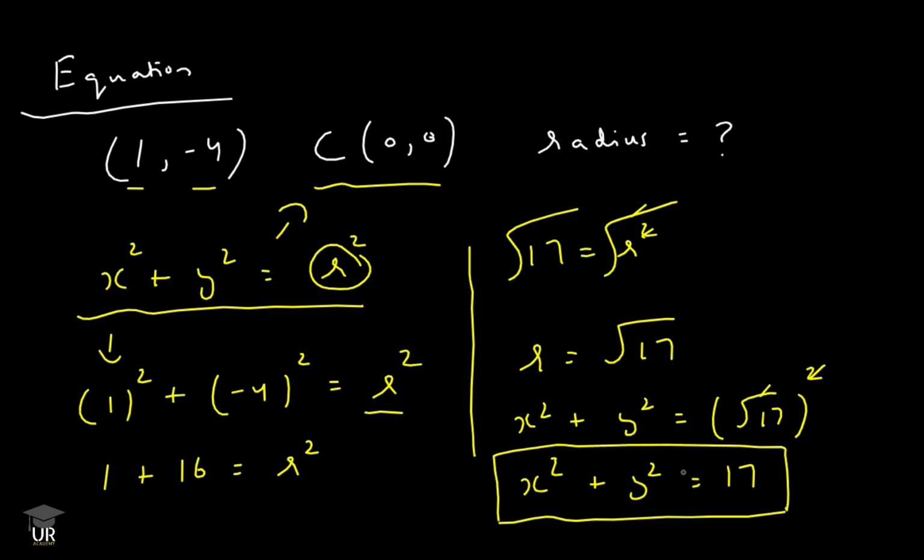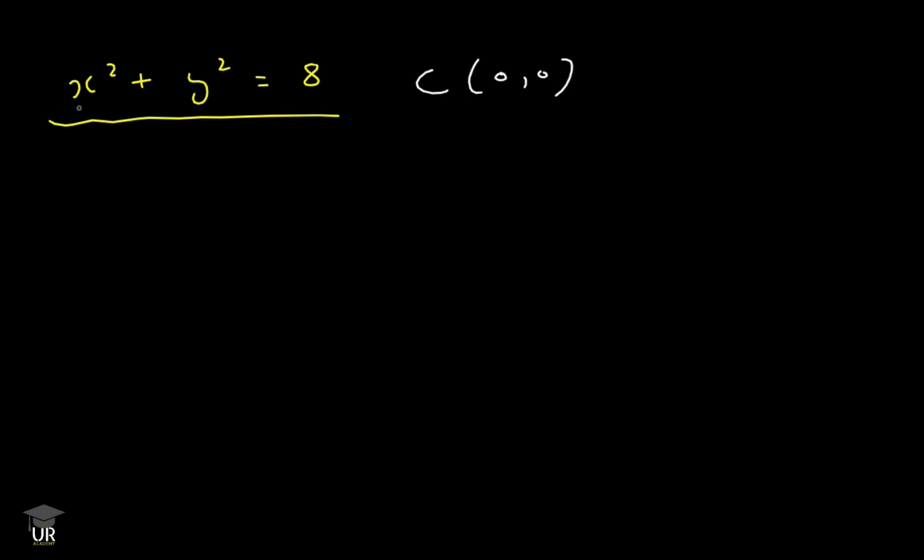Now in this question, let's say the equation is already given to you, that is x square plus y square is equal to 8. Now for this part, since this is just x square plus y square, we can easily figure out that the center of the circle is going to be your origin. Since this form is similar as x square plus y square is equal to r square.